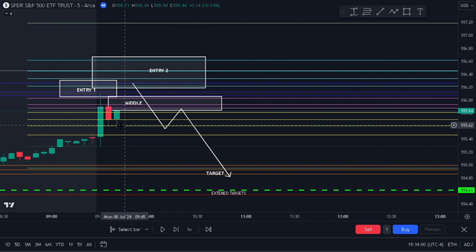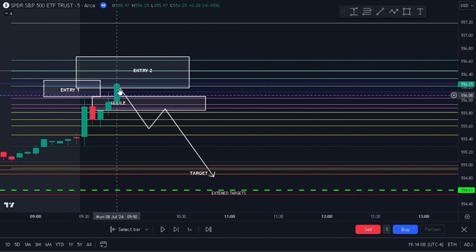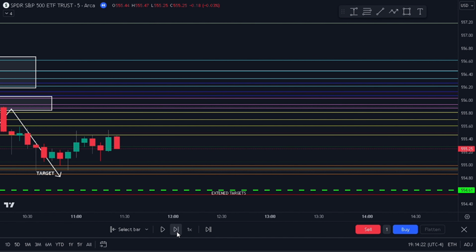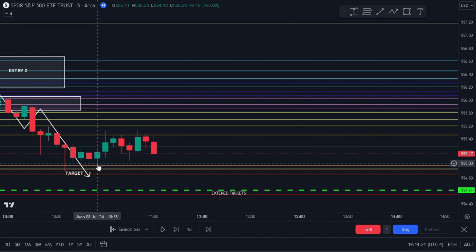So now you can see we are in a sweet spot, overlapped entry 1 and entry 2. We can start our first position. But guess what? You just got yourself an 80% target hit.